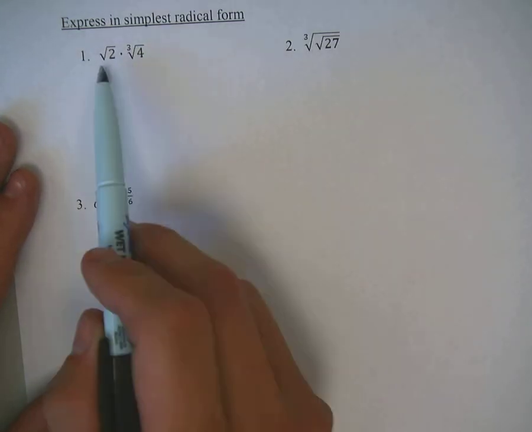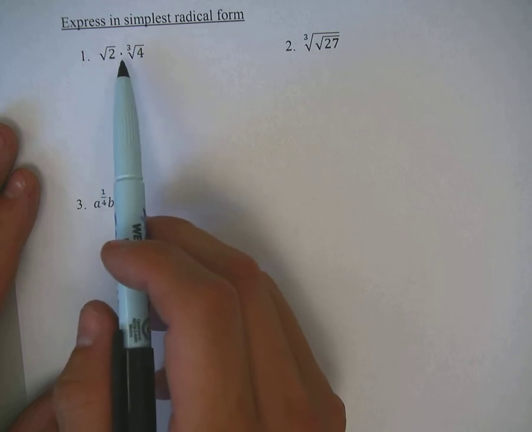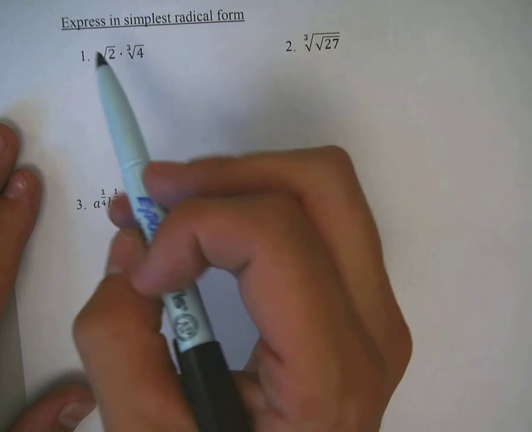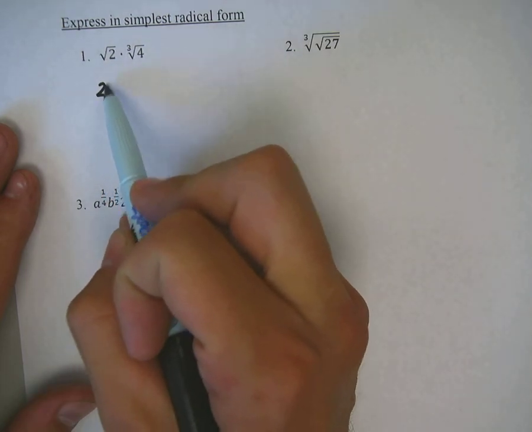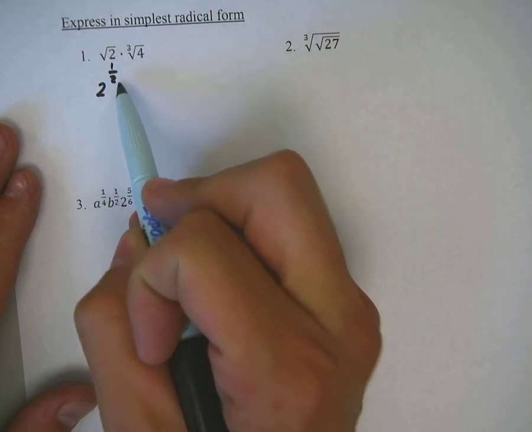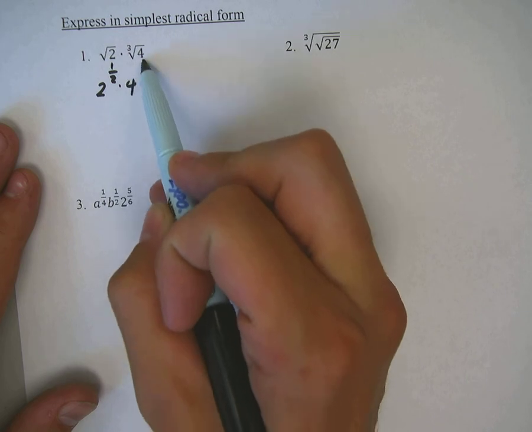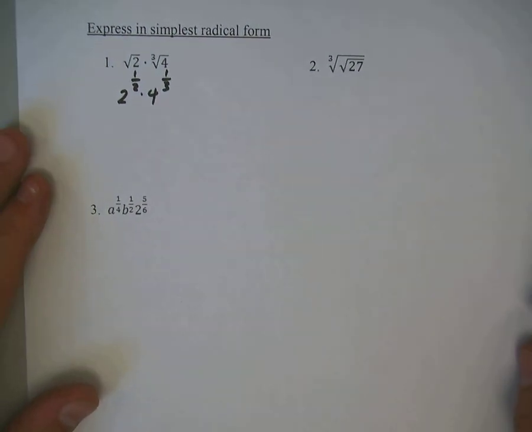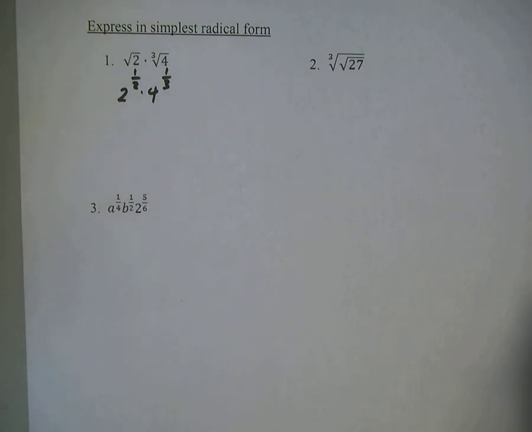So you can't combine those together. The indexes are different. However, if I were to change this square root of 2 to a fractional exponent, and if I were to change this one to a fractional exponent, so we get 2 to the 1/2 times 4 to the 1/3. Now it becomes similar to what we just got done doing a section or two ago.